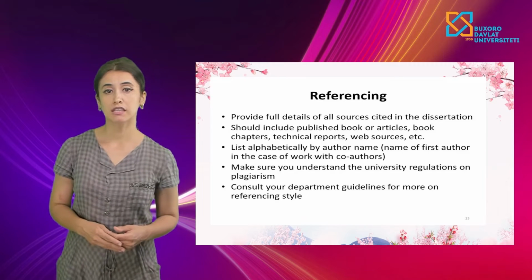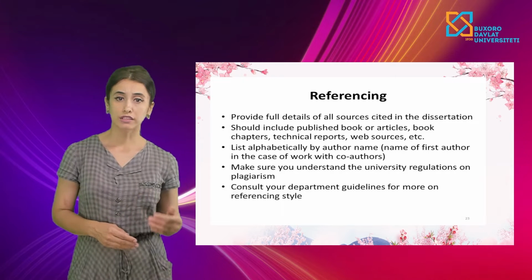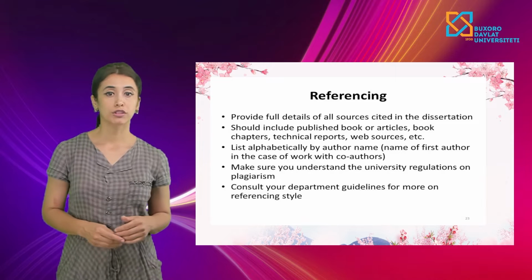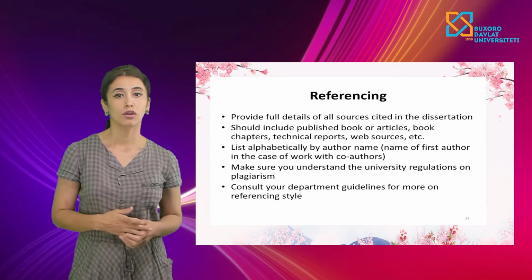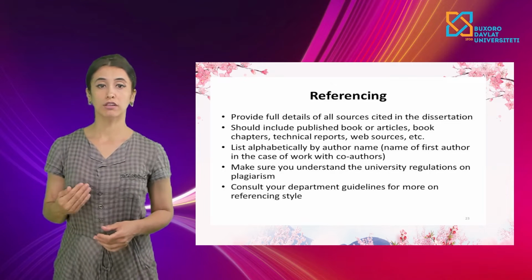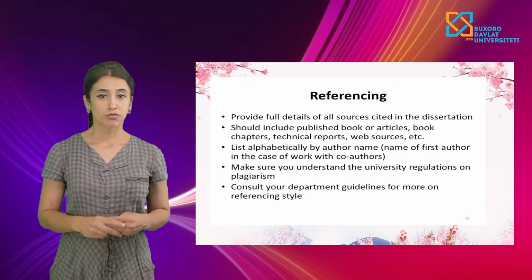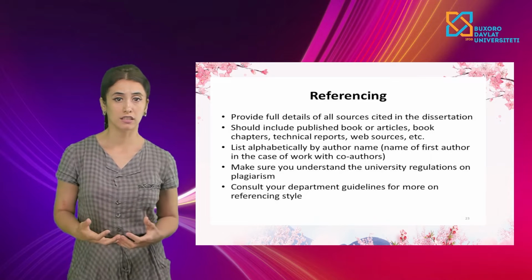Referencing should be listed alphabetically by author name, the name of the first author, in the case of work with co-authors, if there are more than two authors. Make sure you understand the university regulations on plagiarism, because it is strictly banned to plagiarize ideas.